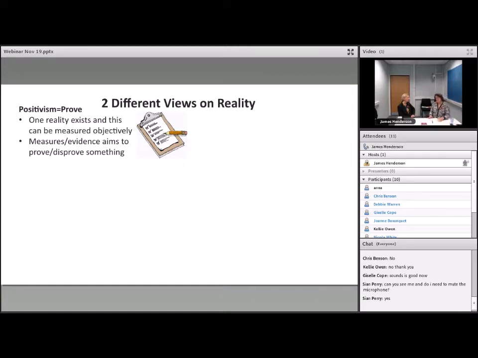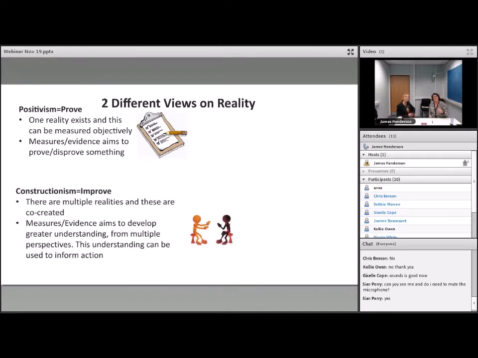So the philosophical underpinning that we're coming from with this idea of using patient and staff experience to improve care is something called constructivism, which I can't even say either, which is this idea that we're using multiple realities to try and understand what people's experience is and how we can then learn from those experiences to improve what we're doing. Absolutely.